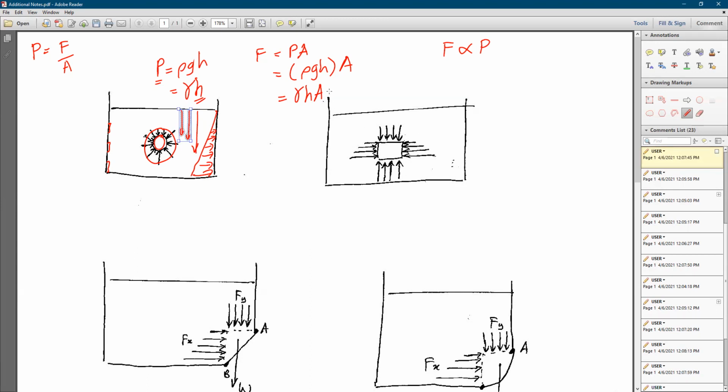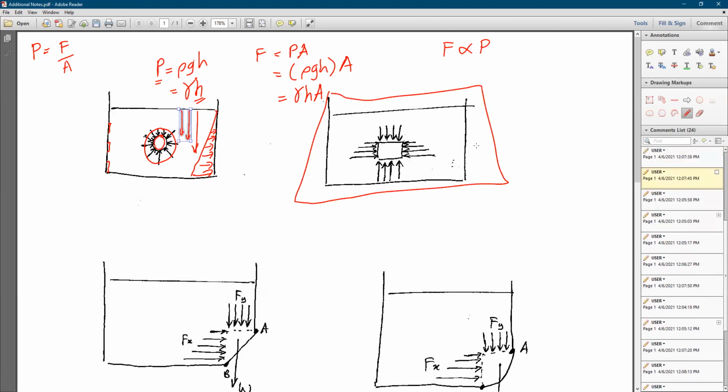Now if you look at this image on this side, instead of a ball, you have a square or a rectangle. Let's say I put P1 here, P2 here, P3 here, and P4 down here.